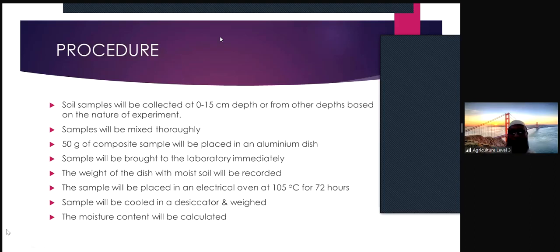So in this way, you may lose some soil moisture. So you need to protect that. To protect that, what to do? Whenever we are collecting soil sample, we just put it into a polythene bag and close the bag so that moisture is not lost during collection and during its transfer from the field to the lab.